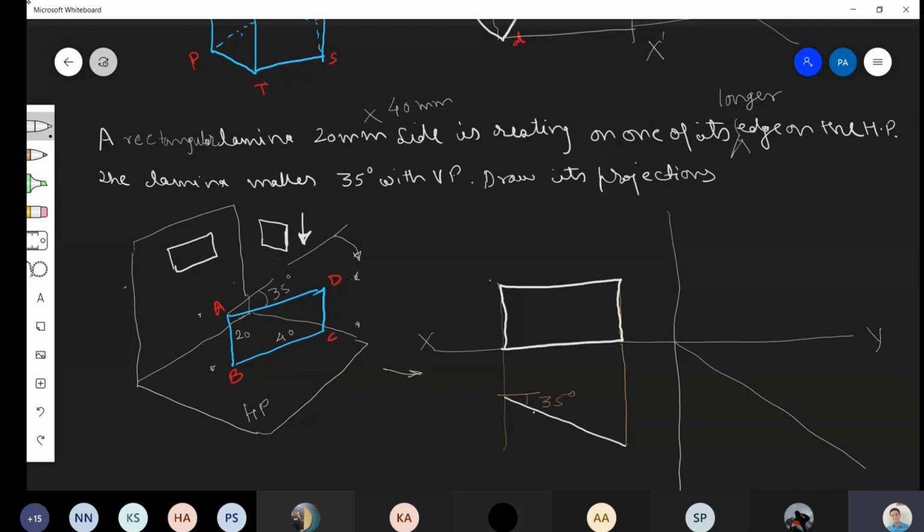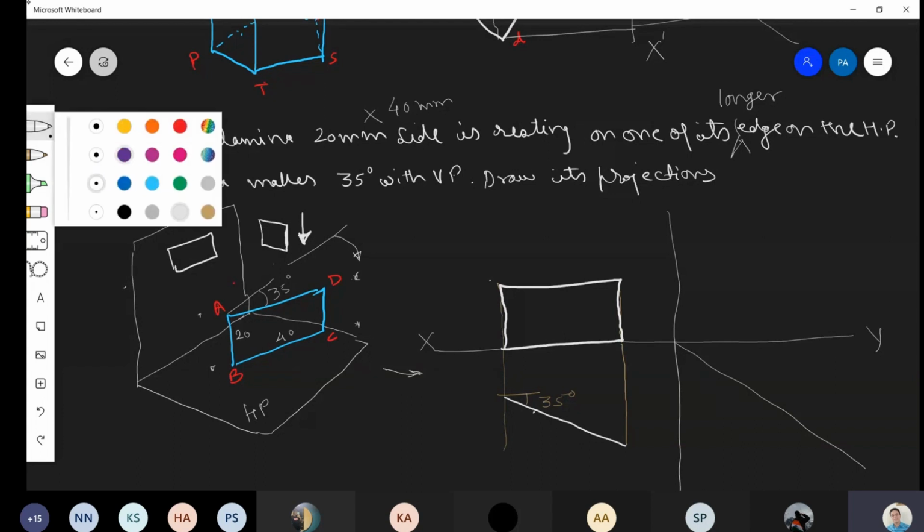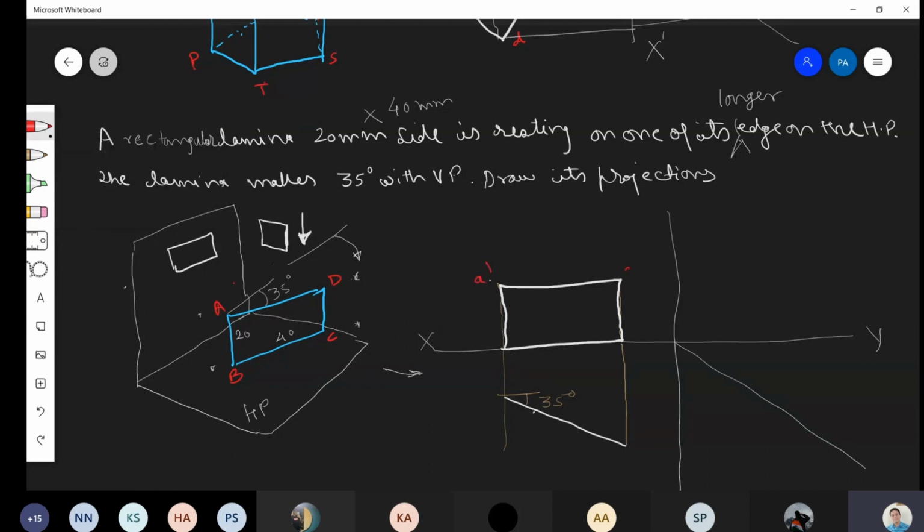And if I name this now, then it can be named as, say, this is A dash, this is D dash, this is C dash, this is B dash. And if I dimension it, then this dimension should be how much? This should be closed and filled arrow with 20, and this dimension will be 40.